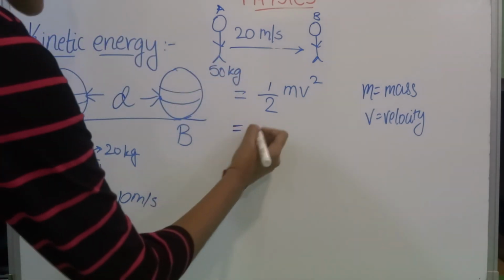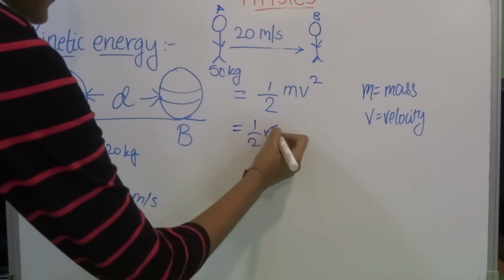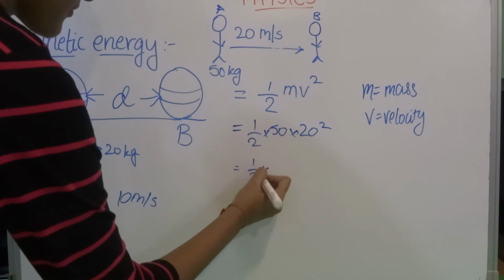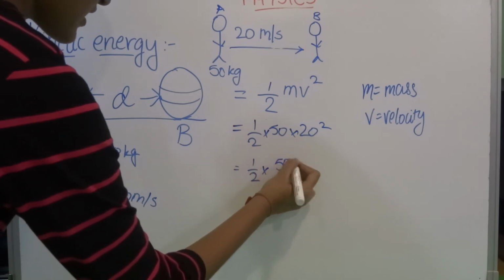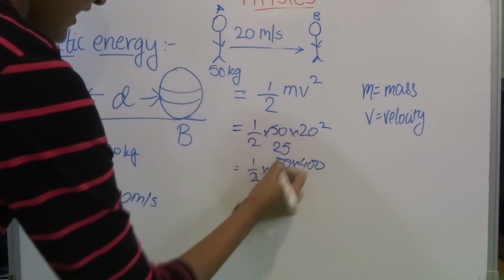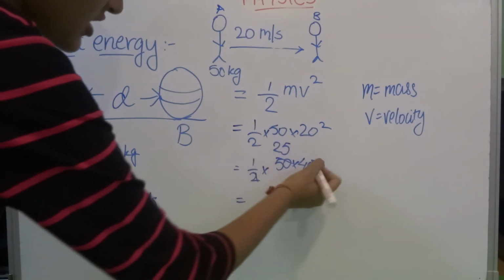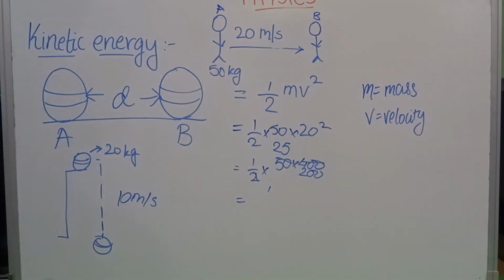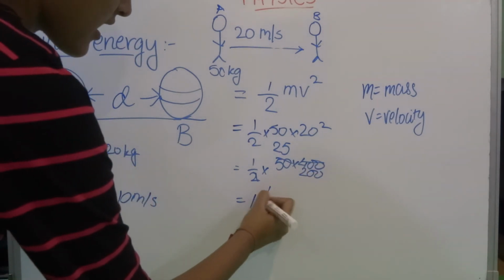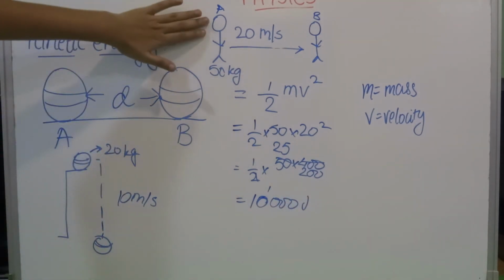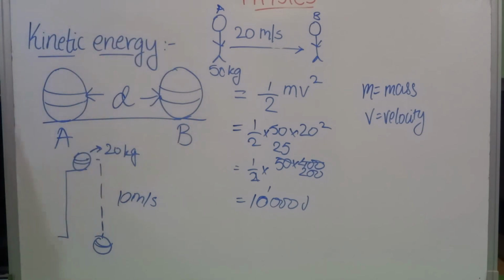Half into 50 into 20 square is half into 50 into 400, which is 25 into 400, or you can take it as 50 into 200, either way you like it. So that becomes 10,000 joules. So this man possesses the kinetic energy of 10,000 joules.